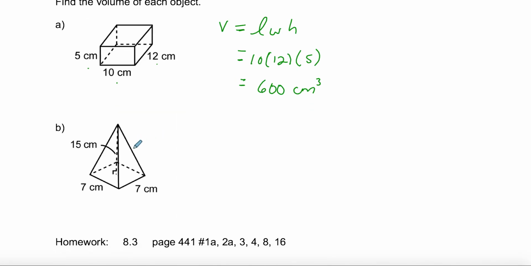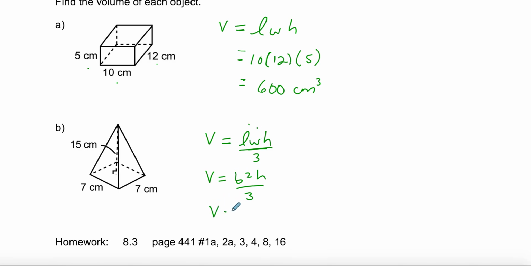This one here, just remember that it's the same thing as a rectangular prism, but divided by 3 because it's a pyramid. So I really like this formula, but I don't think that it's on your formula sheet. What they'll show you is base squared times height divided by 3, which does work because our base here is a square. 7 times 7 is here, but we could also just say that that's base squared.